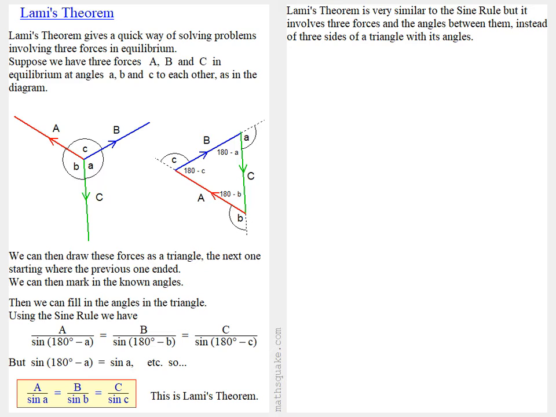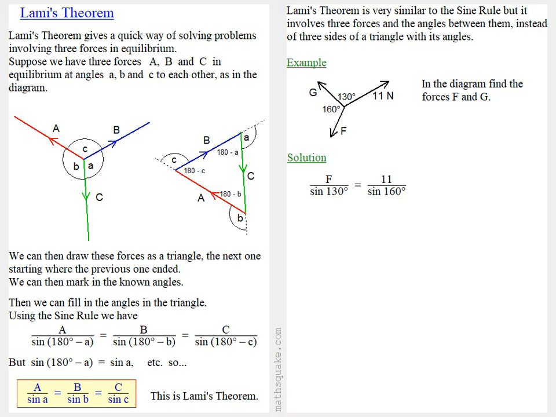Lami's theorem is very similar to the sine rule, but it involves three forces and the angles between them, instead of three sides of a triangle with its angles. As an example, in the diagram, find the forces F and G. Now to solve this, we use Lami's theorem.